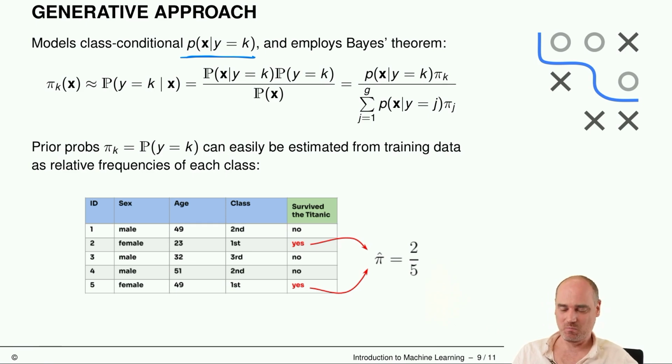If we make such a distributional assumption, so if we fix a certain distribution for x given that we are in class k, we can then nicely employ Bayes' theorem to get our hands on this quantity, because that's what we are mainly interested in.